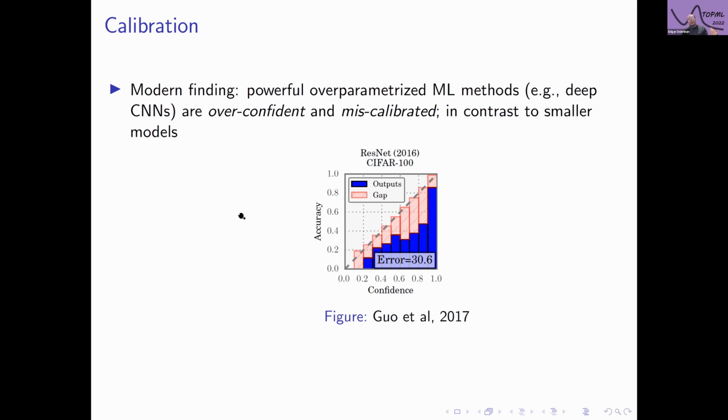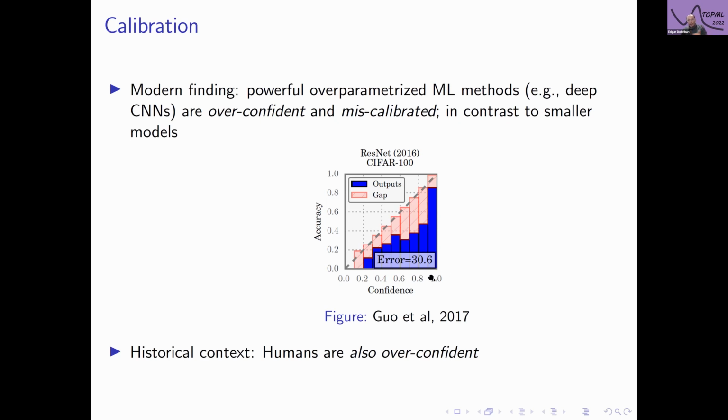And this is also, again, a contrast between overparameterized and underparameterized models. Fifteen years ago, people did lots of experiments with smaller neural nets, and they found that they are quite well calibrated. So it's a problem that only comes to light, or really becomes very prominent, with modern larger models.